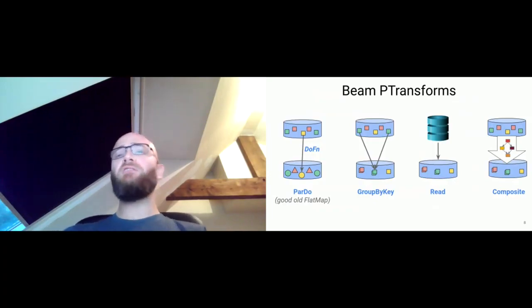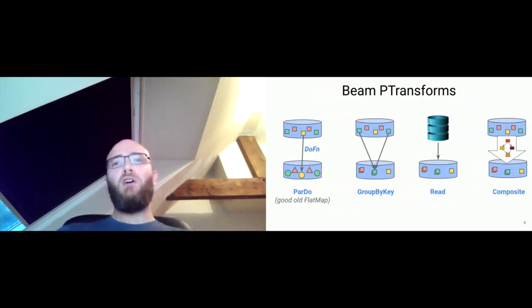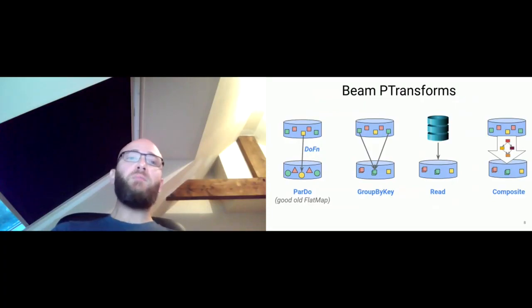And there is the Read that is there to ingest data into the pipeline. All the other transforms available in the Beam SDKs are composites of ParDo and GroupByKey. Even the reducer equivalent, which is called Combine in Beam, is implemented by the Beam SDK as a ParDo and a GroupByKey.